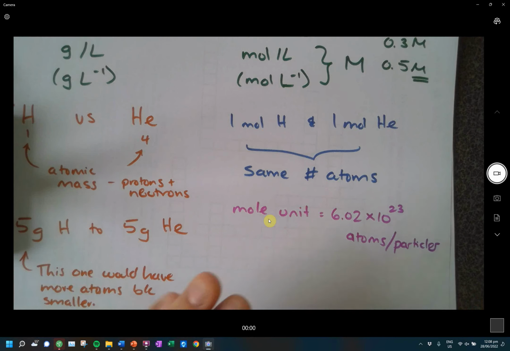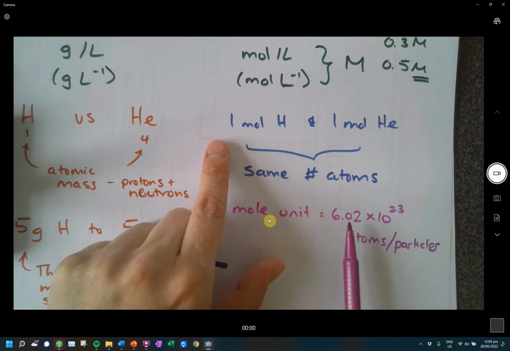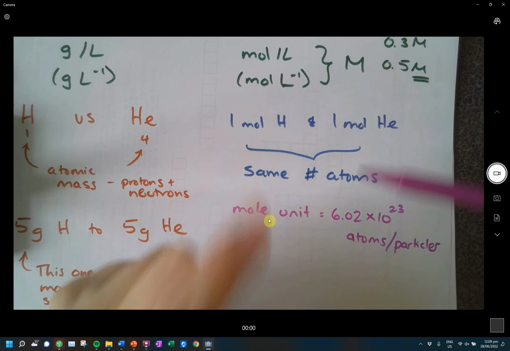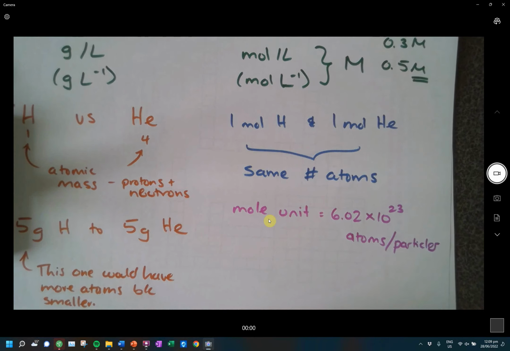Now, you don't have to worry about ever converting it to particles or atoms, but I'm just saying that's where you pulled that number from. So in both of these cases, I would have 6.02 times 10 to the 23 atoms in that 1 mole. So this is quantity comparison. Are we okay with that so far? Yes.